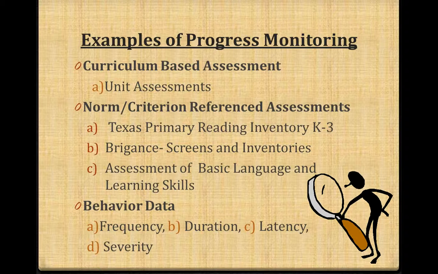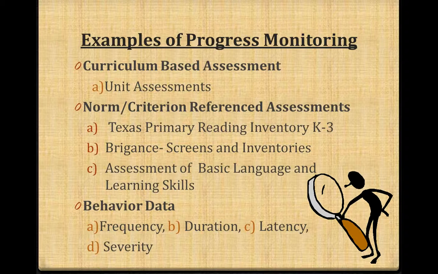CBA provides a structured way to see how well a child performs on the materials the student and the teachers is assigning in class. In CBA, teachers identify the skills in the year-long curriculum, determine the relative weight of the skills for instruction, create alternative test or assessment forms, give assessments regularly, graph and analyze data, modify instruction as needed.